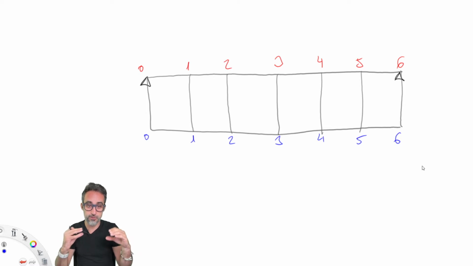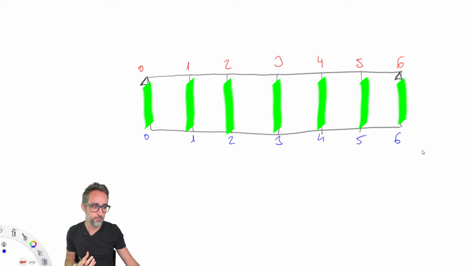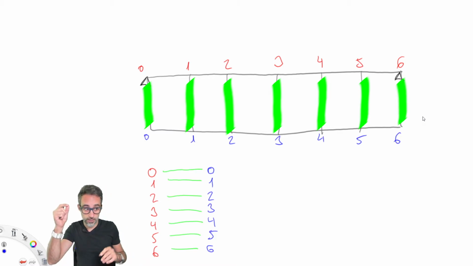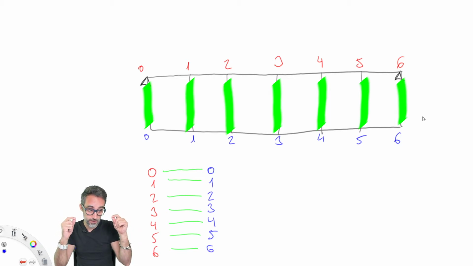So we have 2 different lists of vertices, and we joined them with vertical bars. We took the 2 lists and used a component to define lines joining the first element with the first element, the second element with the second element, the third element with the third element, etc.